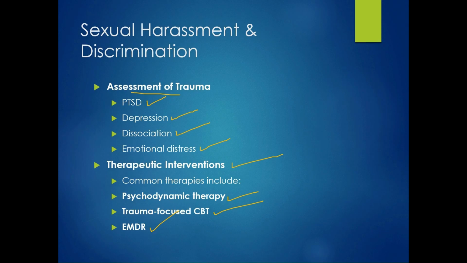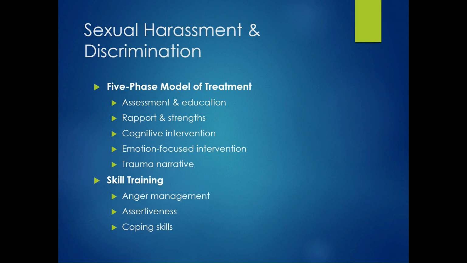These are the different therapeutic interventions given by the forensic psychologist. Then there is a 5-phase model of treatment where a forensic psychologist helps a survivor of sexual harassment or discrimination, and these 5 steps include assessment and education, rapport and strengths, cognitive intervention, emotion-focused intervention, and trauma narrative. We'll discuss this in detail.